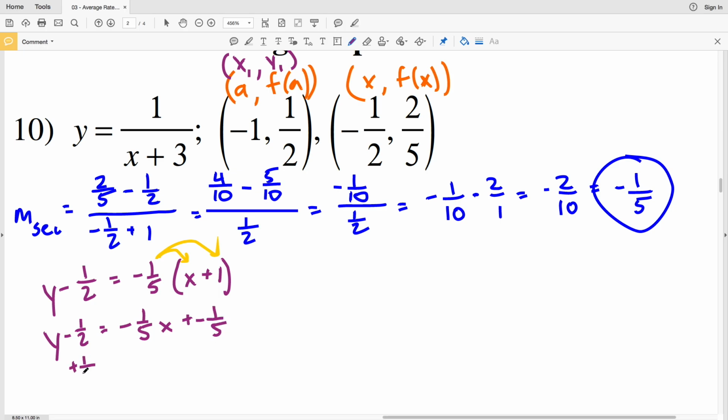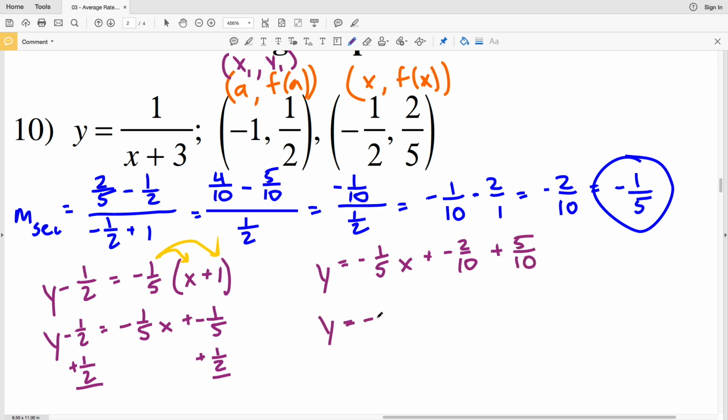Now, adding 1/2 to both sides, I'll be able to isolate my y to get that y equals negative 1/5 x plus negative 1/5 plus 1/2. So writing that in terms of 10 again, negative 1/5 is going to be negative 2/10, and positive 1/2 is going to be positive 5/10.